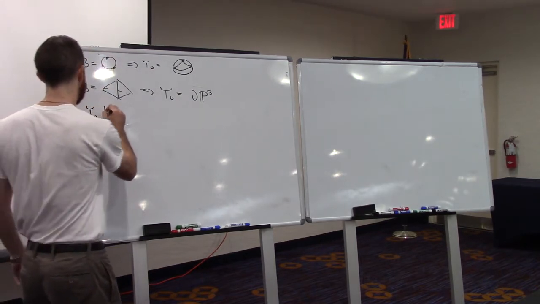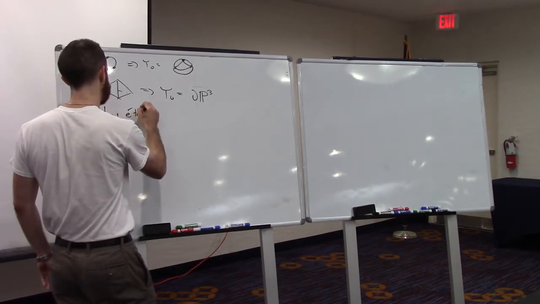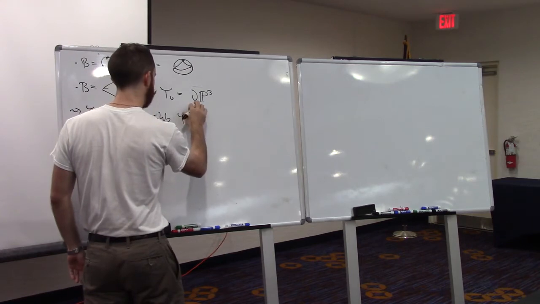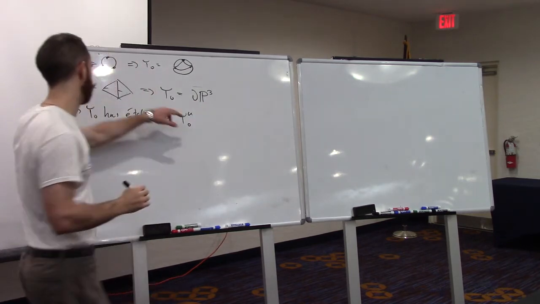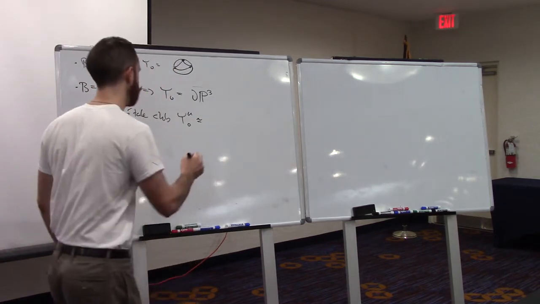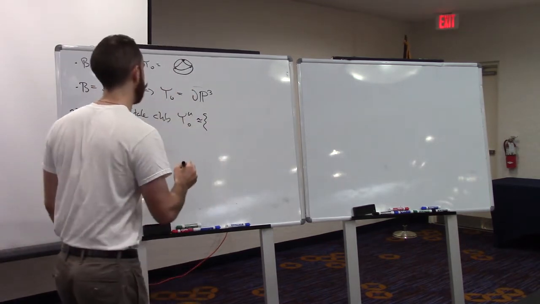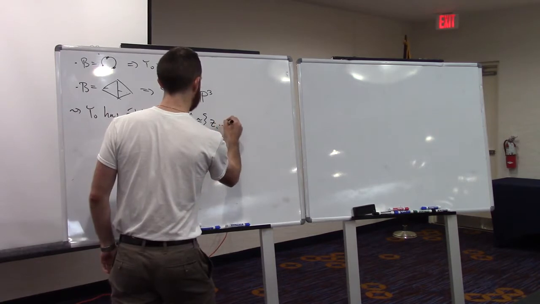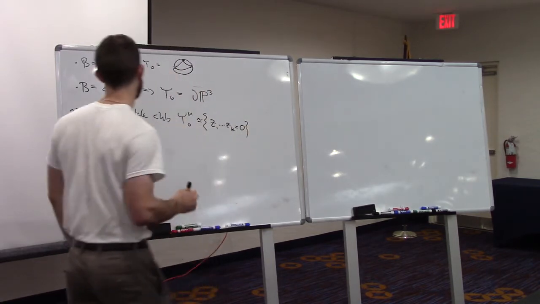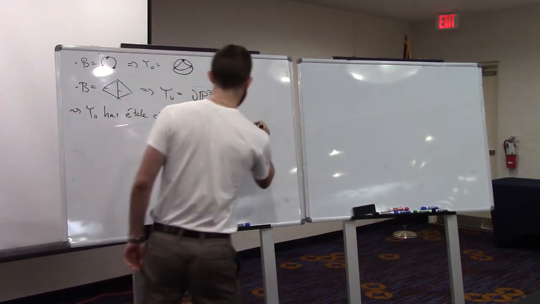So Y0 has étale charts, which I'll call Y0U, where U is a neighborhood of something downstairs, that are equivalent to something of the form z1 ... zk = 0 times, maybe, nothing happening in the other variables.